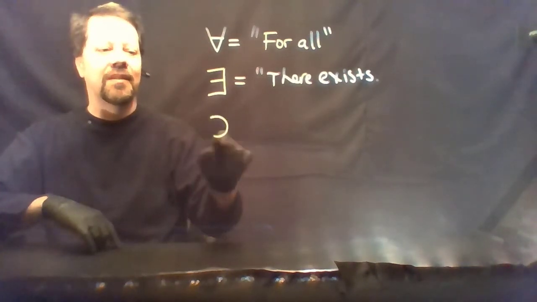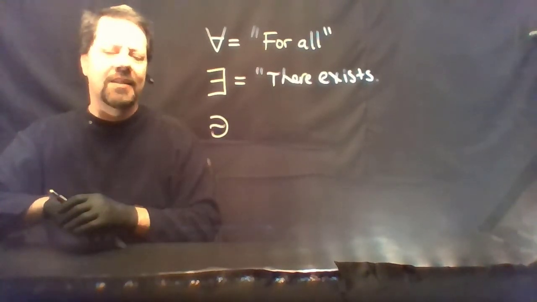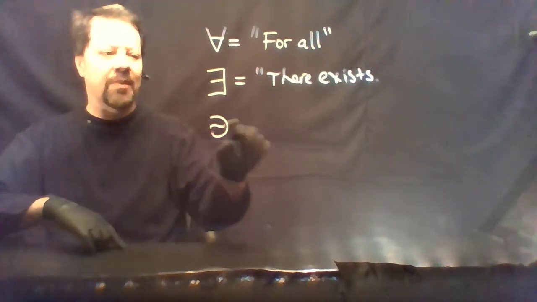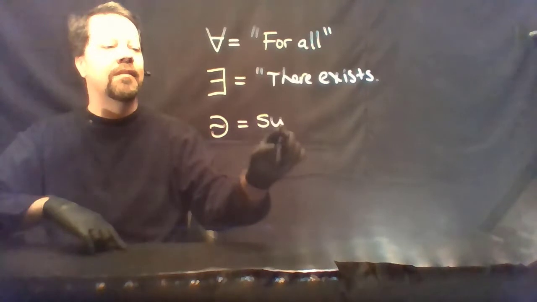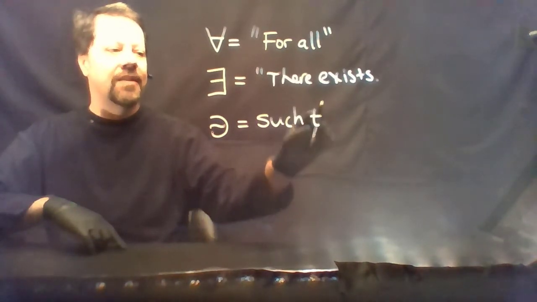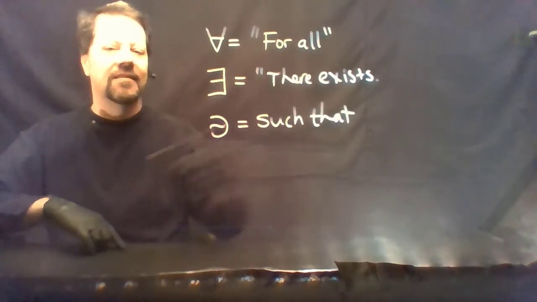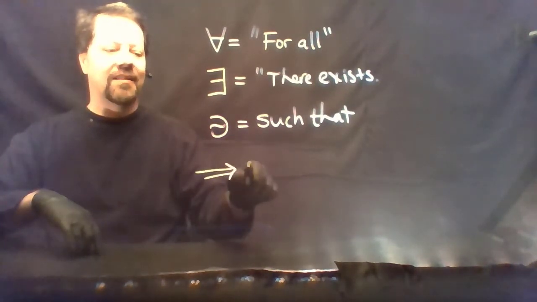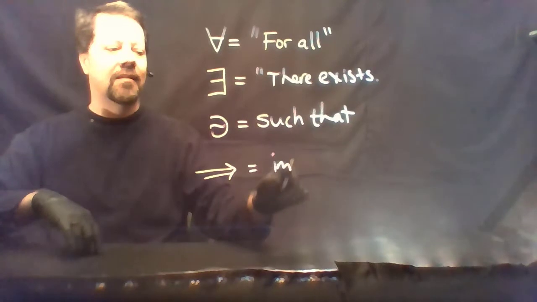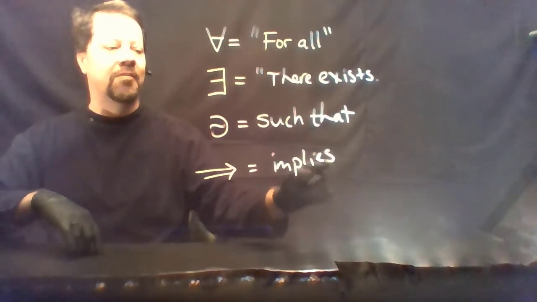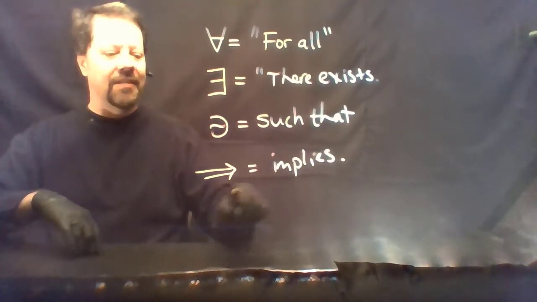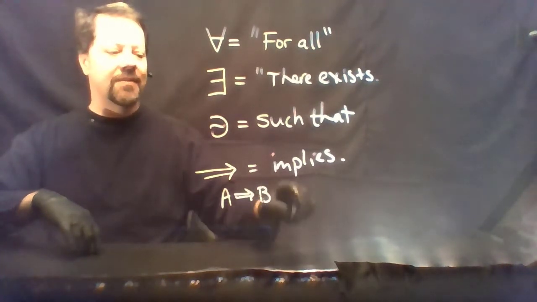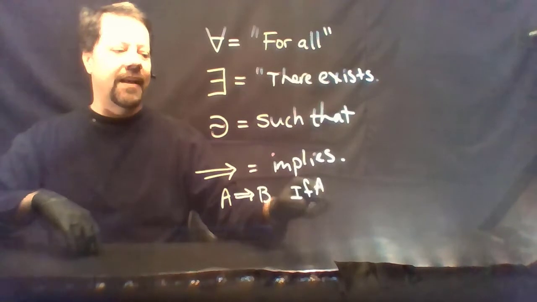Also, a kind of stylized backwards epsilon with a tilde-shaped middle cross member is such that. A double arrow to the right represents implies. If we have A implies B, we sometimes say if A, then B.